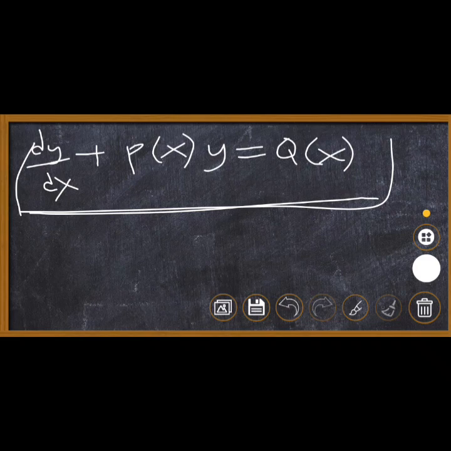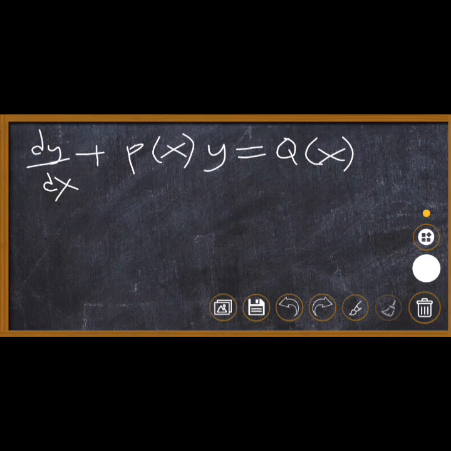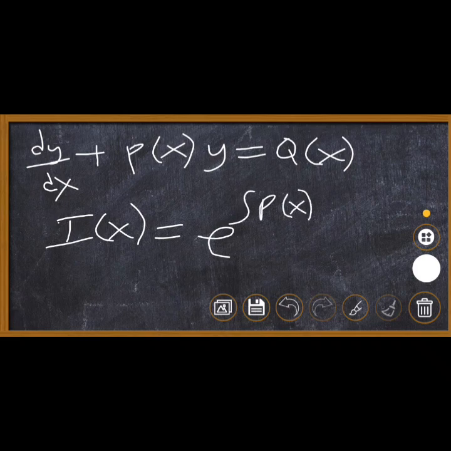So how do we go about this one? The first thing to do after you are done with identifying this is to write the integrating factor. The integrating factor, let's say represented by I, is given by e to the power of the integral of p of x dx.